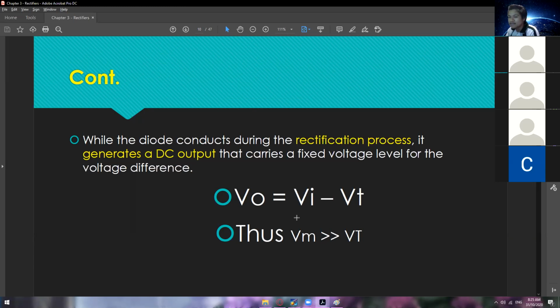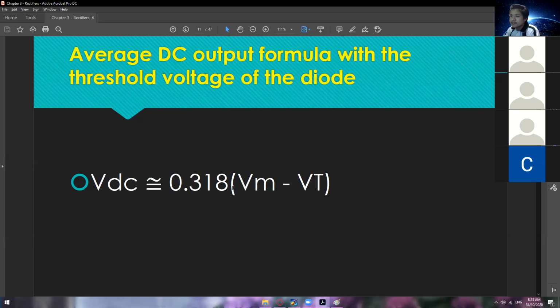Meaning the voltage is not enough, it's just partially forward biased. It should be completely forward biased, so for us to say that it's completely forward biased, VM should be greater than the voltage threshold.